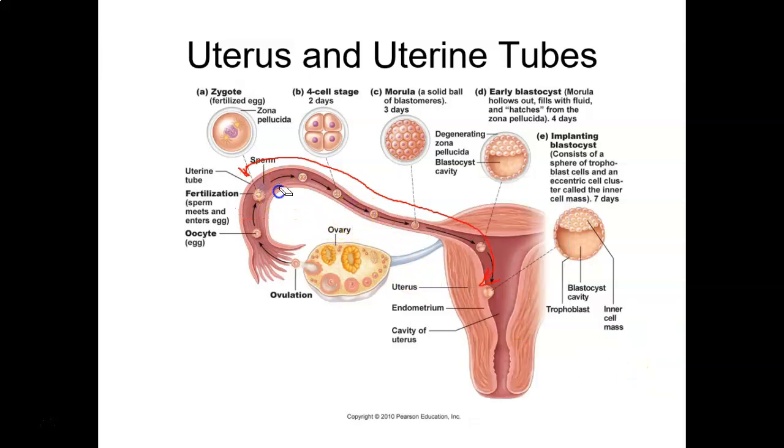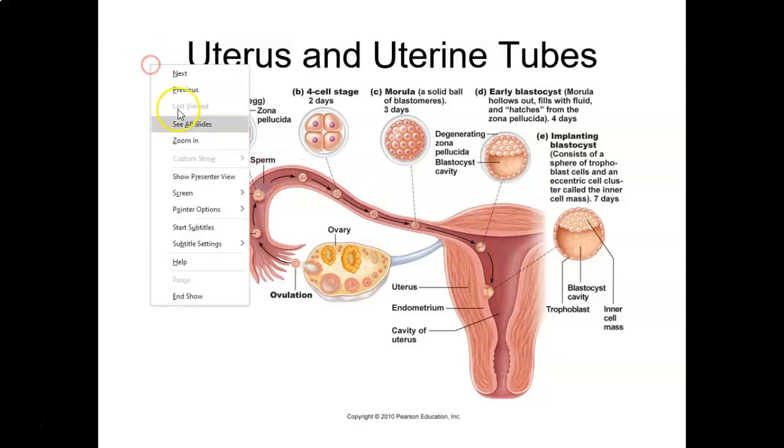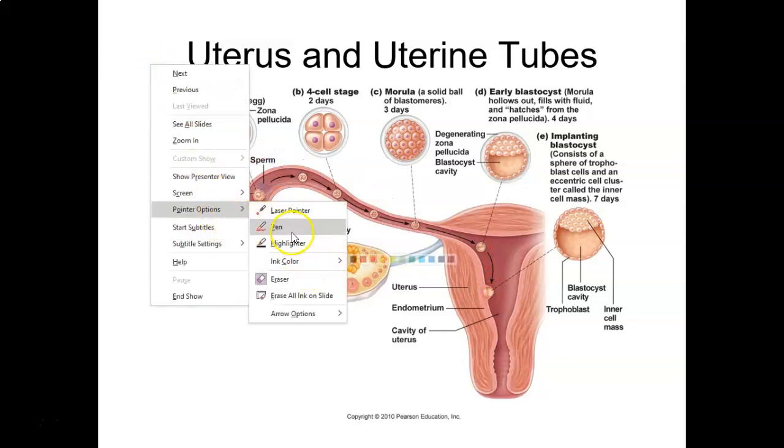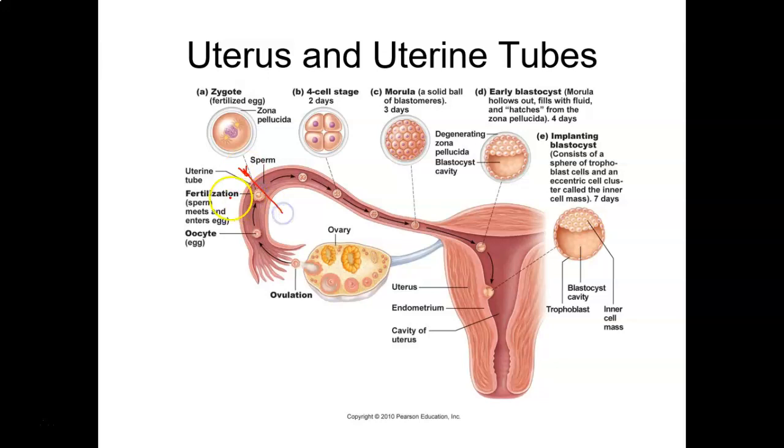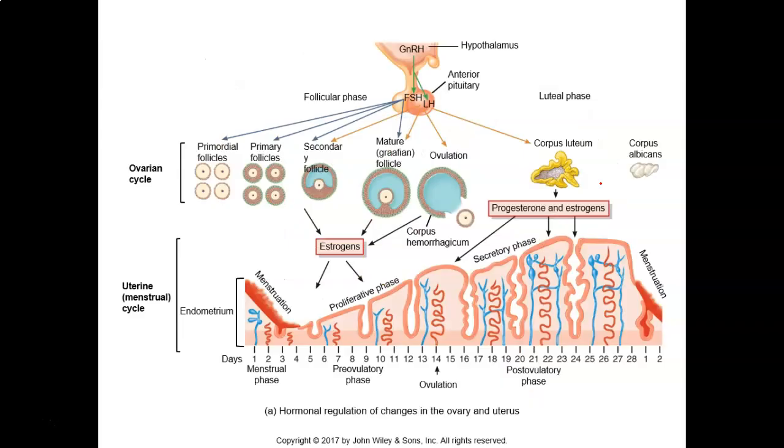Let's just imagine if fertilization did not occur here, but occurred here, well, 7 days later, it'd already be down through the cervix. So fertilization has to occur somewhere here, in that first part of the uterine tube. That's where it's going to occur if you want it to be a successful fertilization.